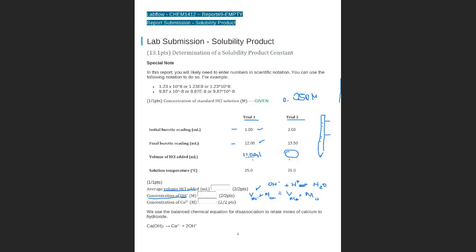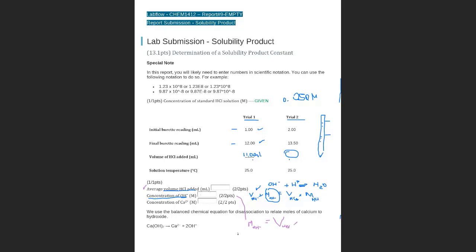You can make it much simpler like this, instead of going through the way we did the problem before, because it's 1 by 1. In our case, we are asking for the molarity of the hydroxide. So here, the molarity of the hydroxide is going to be, in my case, the volume that you use of the hydrochloric acid. You will use the average volume of the hydrochloric acid.